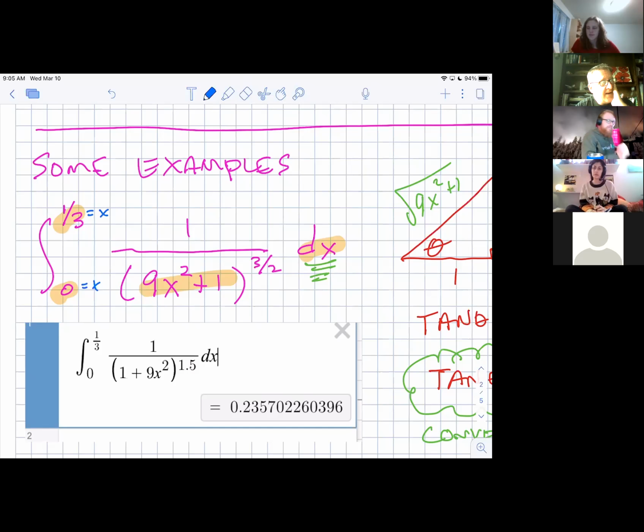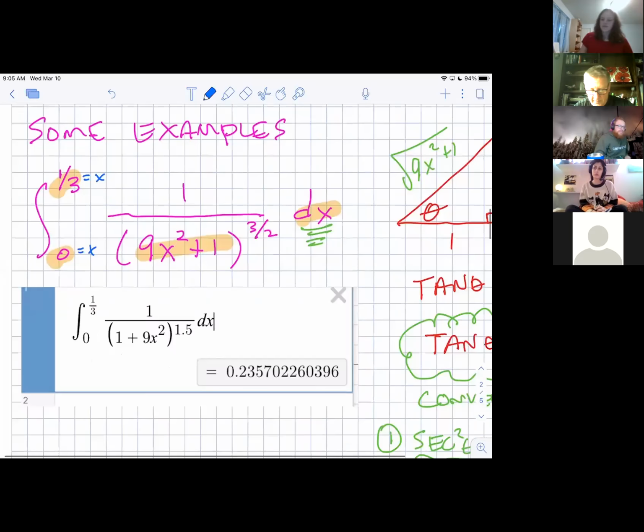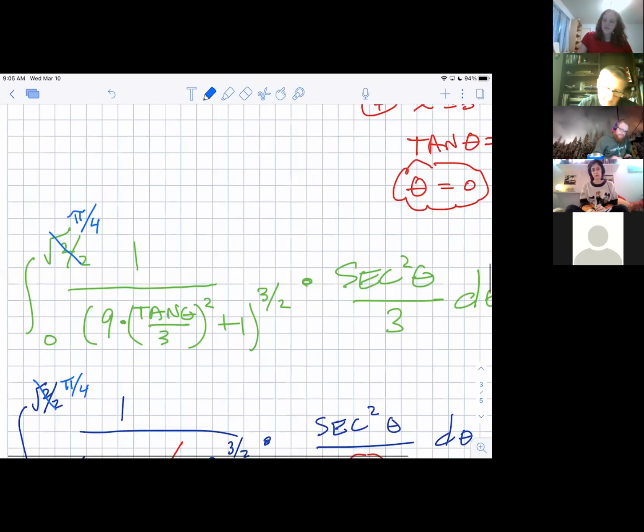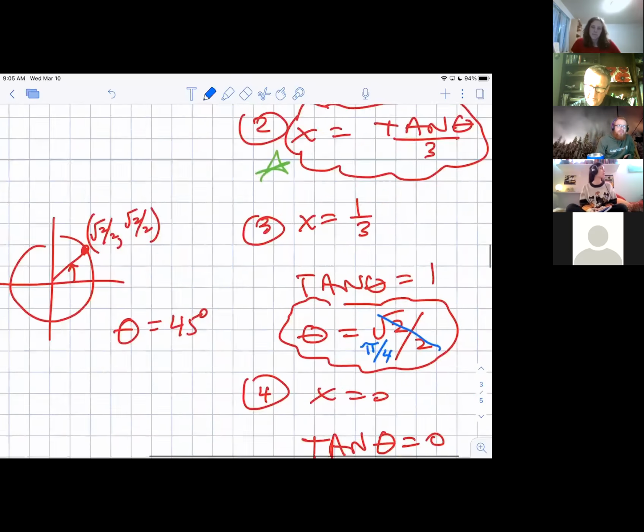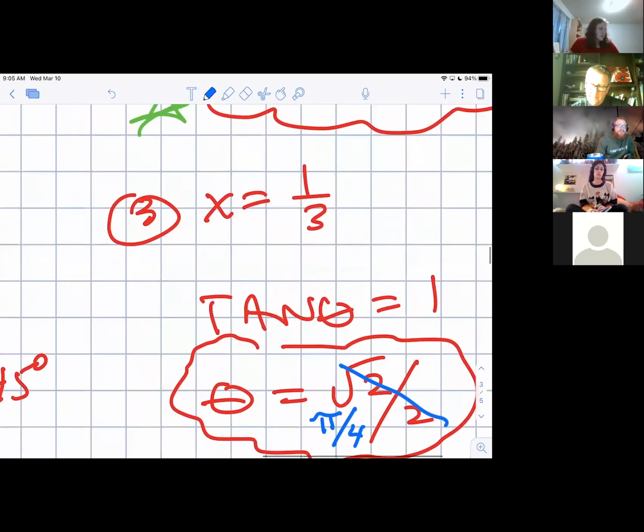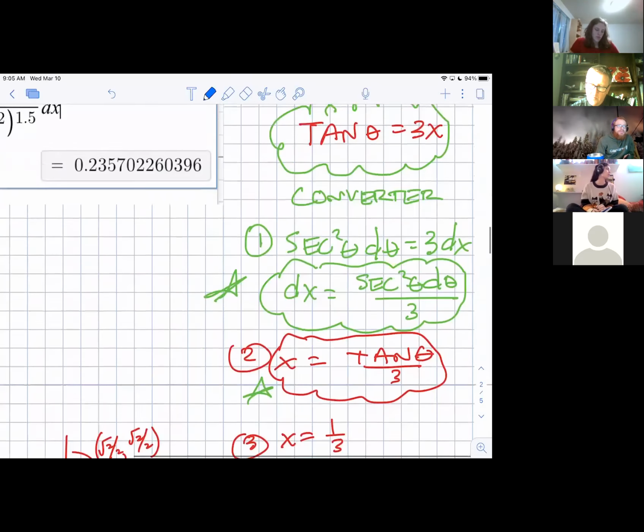And now we're saying, I need those to be thetas, right? In other words, this is how I could have caught my mistake. If I'd said theta equals the square root of 2 over 2, I might have thought, well, that doesn't make any sense. That's not an angle. What am I doing? So those are thetas. I need thetas. Okay, well, then I come back here and I say, okay, well, X is 1/3. Well, what's my converter?